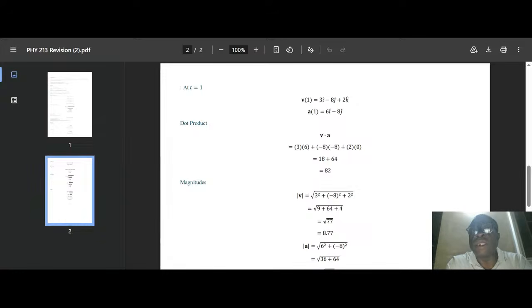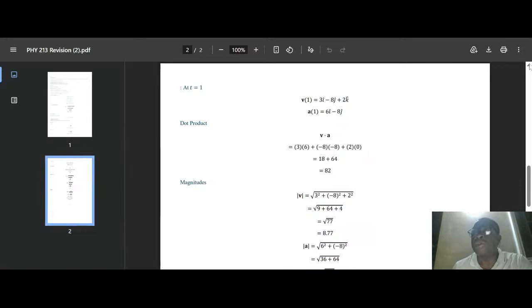For vectors A and B, the formula is A dot B equals modulus of A times modulus of B times cos theta. So you need to find A dot B and the moduli, then make cos theta the subject, and that solves the problem. This is similar to what we have looked at here.